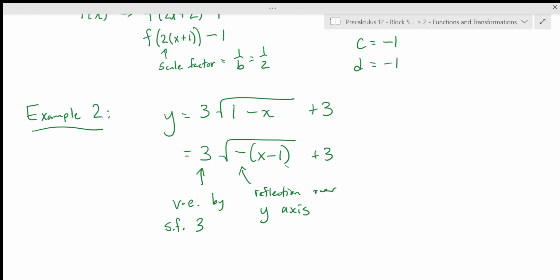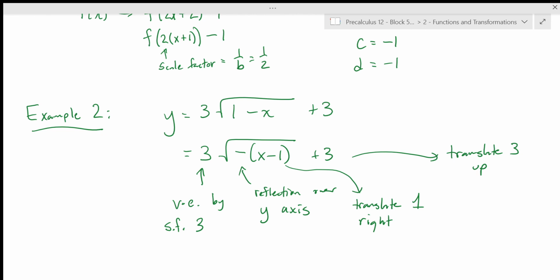Then we translate 1 to the right, because now that we've factored it out, we actually have it going in the correct direction. And then translate 3 up, because the 1 is inside the function, so that's going to affect us horizontally. The 3 is outside the function, so it's going to affect us vertically.